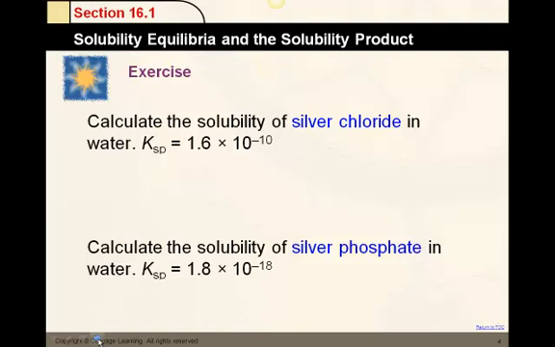How do we do that? Well, the first thing we need to do is write an equation for silver chloride solid breaking into its ions, which I've already done on an earlier page, but I'll do here. I'm going to do the same thing for silver phosphate breaking into its ions.